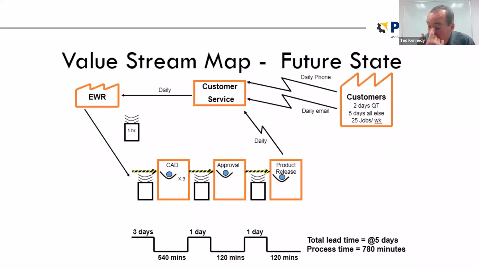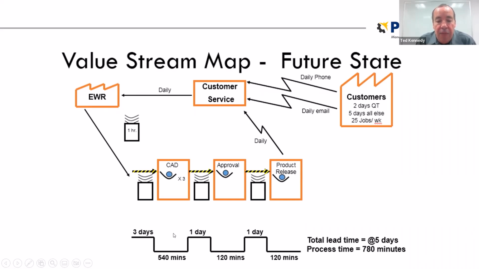So this is like a future state on the prior one, where the customer service department enters the order into a system, and that system does the estimation. It already has the data in it, so it can estimate the time involved in doing the work and give an estimate to the customer. Then it goes to the CAD person, and we eliminated some more of the approvals in here. It only goes to one approval, not 2 or 3 approvals, and then the product's released.